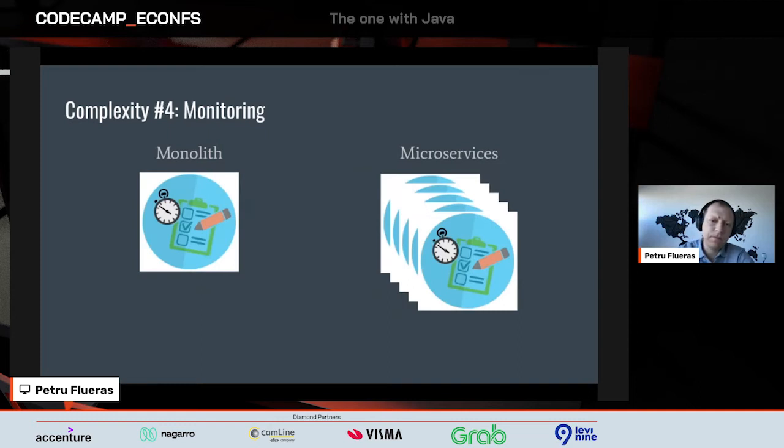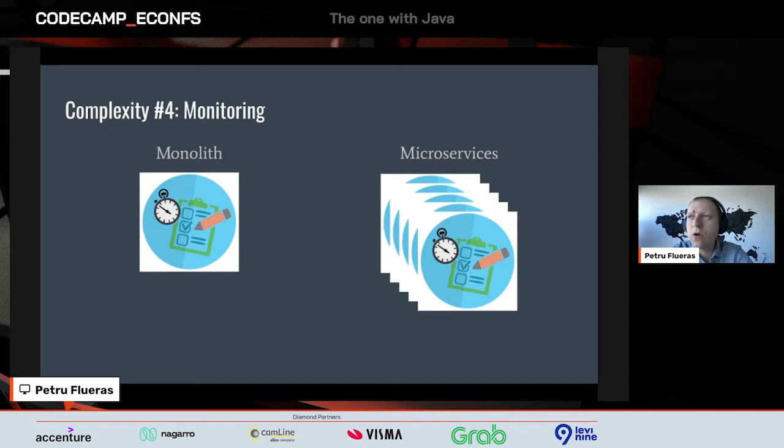The same goes for monitoring. With a monolith, we monitor the runtime systems, but they are just a few. They are not many. With a microservices architecture, we have to monitor all the services. Of course, all the tools which have been developed lately, like Kubernetes and so on, help us keep the systems running.